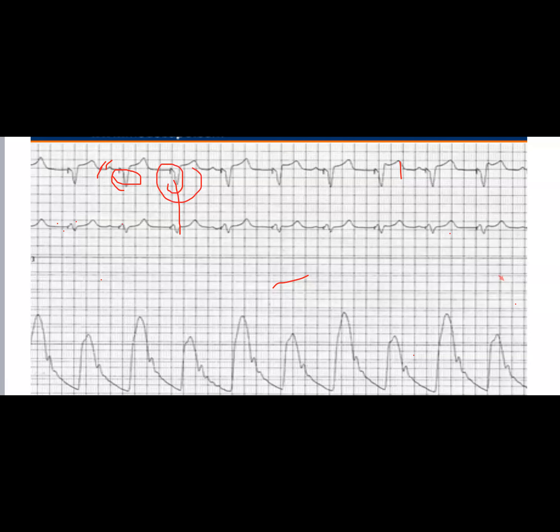I don't have A and I have paced ventricle. What do I have here? I have A and paced ventricle. No A and paced ventricle. And so on and so forth. So when you have A and paced ventricle, that's what you get. When you have no A, just paced ventricle, that's what you get.